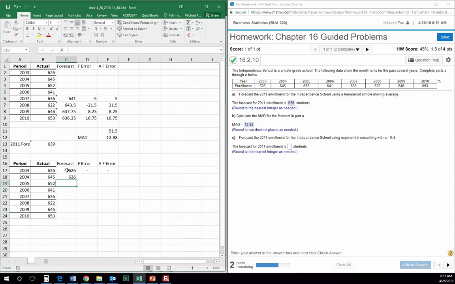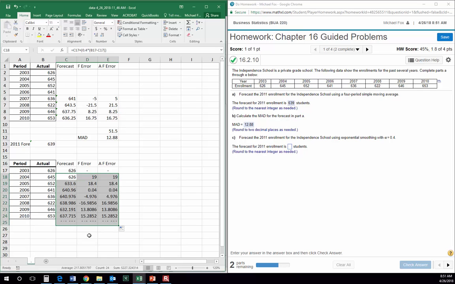You'll notice that the forecast in the second period always comes out to be the same as the forecast in the first period. But now we'll have a forecasting error, the actual minus the forecast, which means we'll have an absolute forecasting error. Now that we have our formulas in there, we can just fill it down.